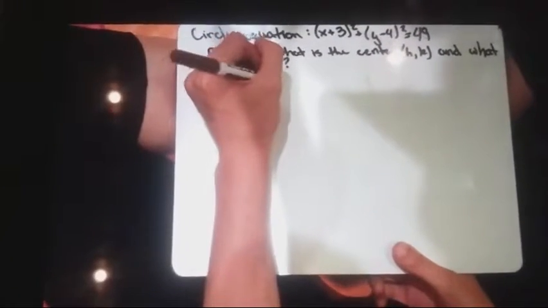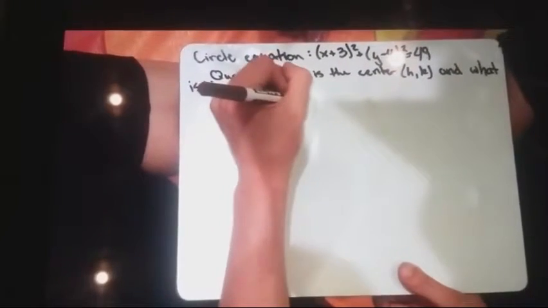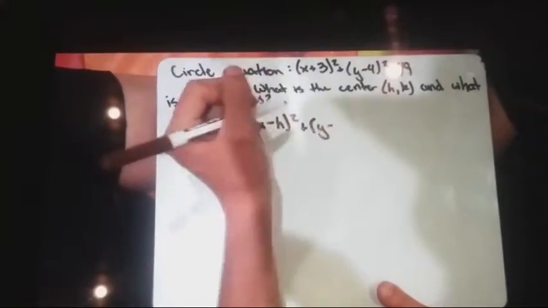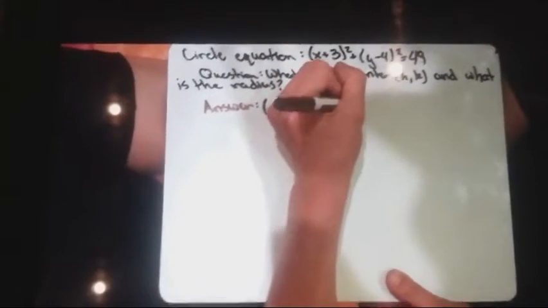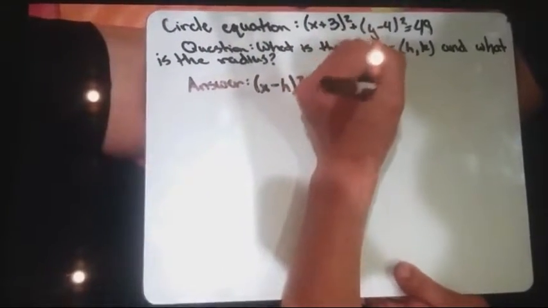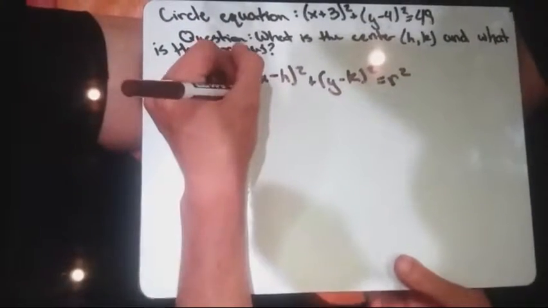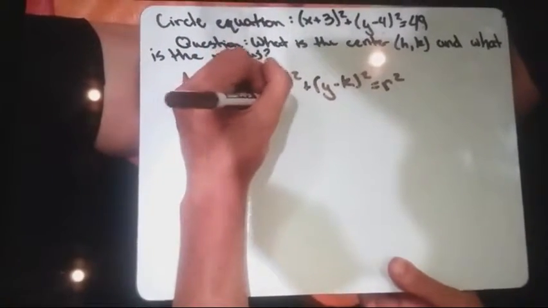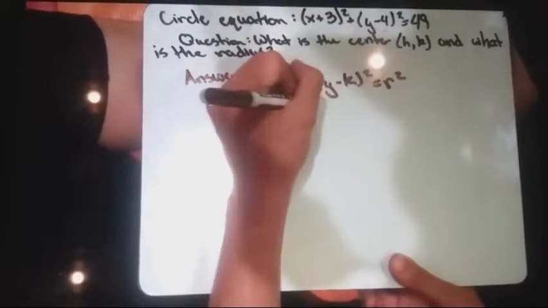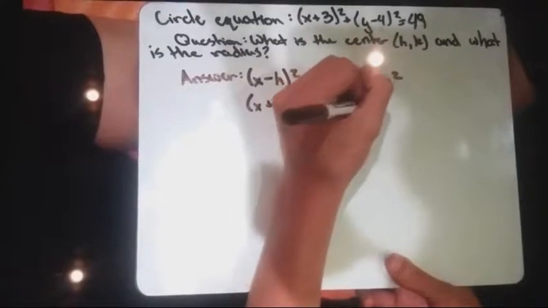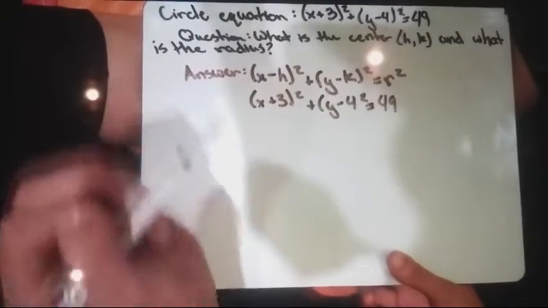I like to write the equation first. So the equation is (x minus h) squared plus (y minus k) squared equals r squared. The equation that's given is (x plus 3) squared plus (y minus 4) squared equals 49.